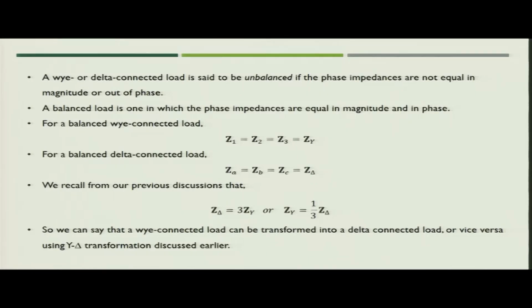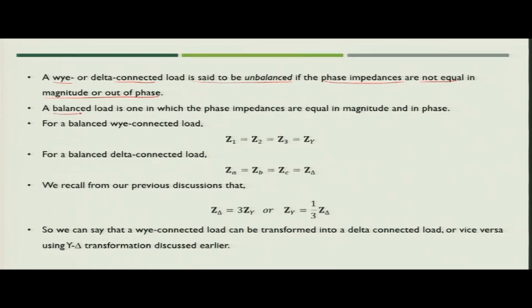Whether it is star connected or delta connected, if it is unbalanced, then the phase impedances will not be equal. Either the magnitude or the phase, or both, will be different among the legs.